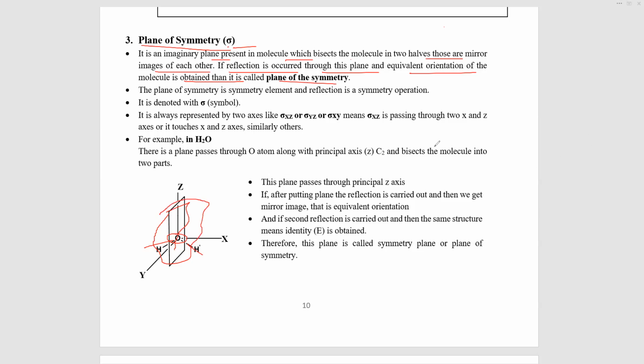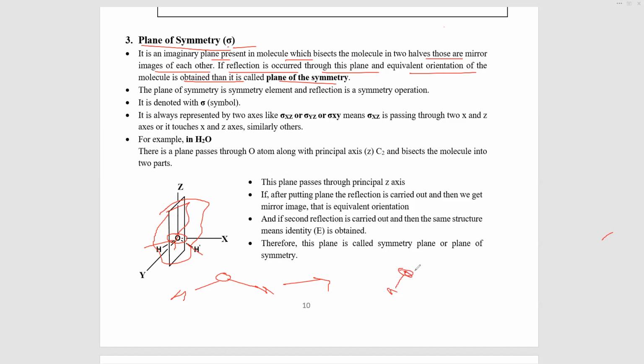When it bisects this molecule, then the molecule looks like this. This is oxygen, this is hydrogen, and this is hydrogen. Okay, so when this plane bisects this molecule, it will look like this.